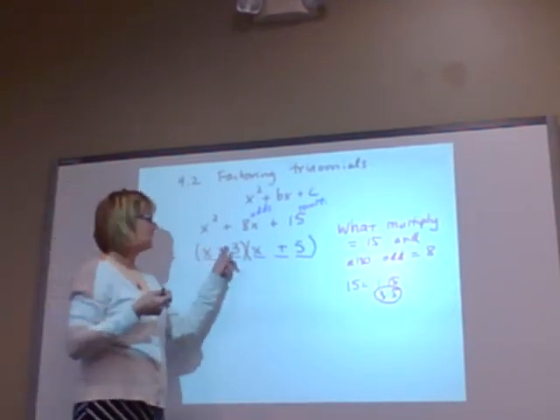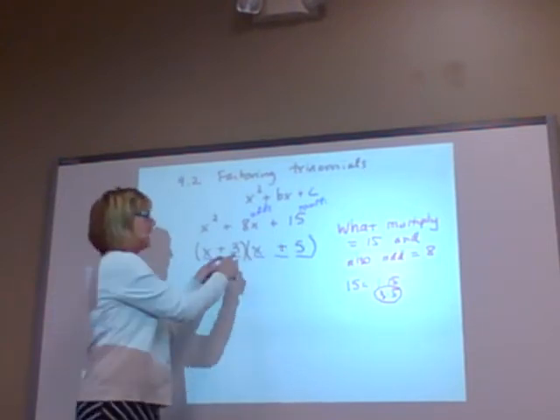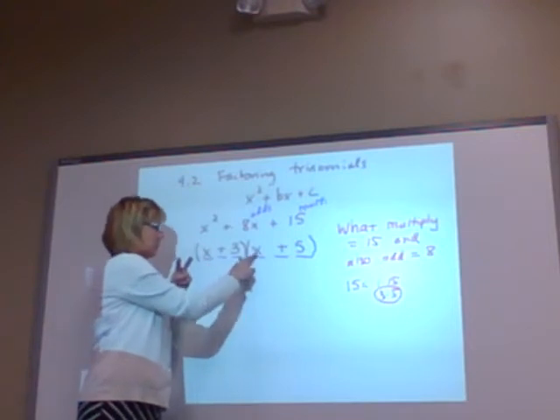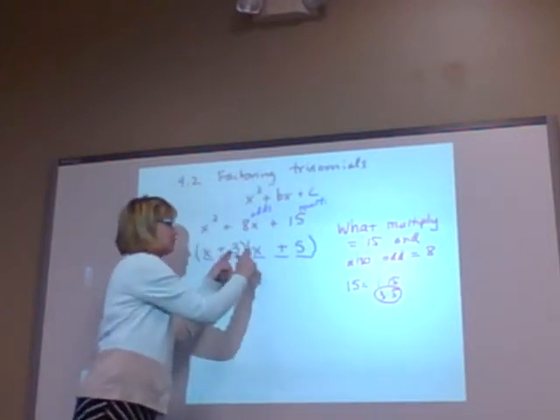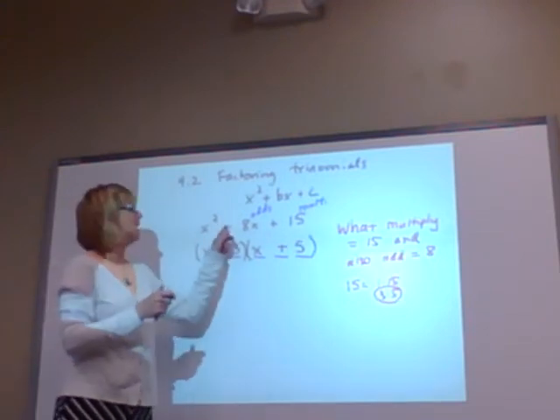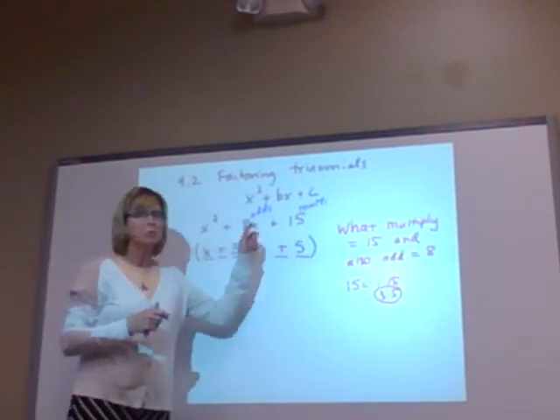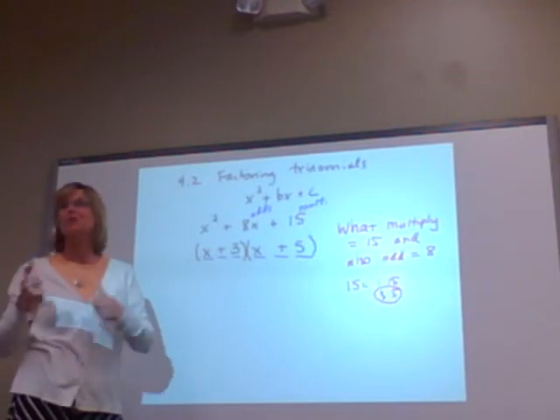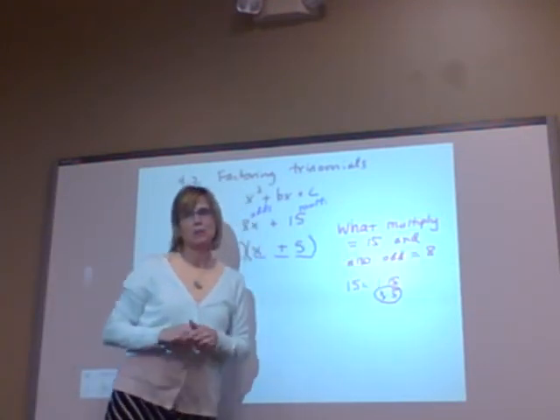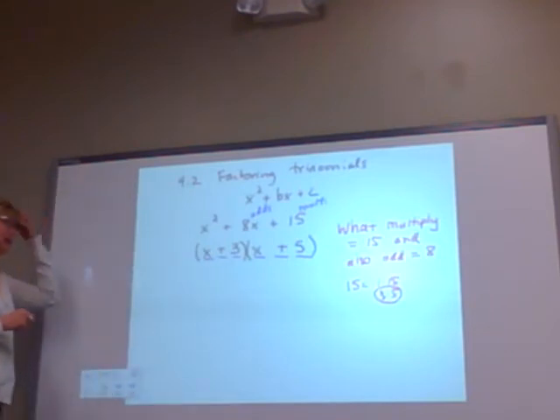But if it was negative times negative, then when I added the inside and the outside, I'd have negative 3x and negative 5x, and negative plus negative would have made this a negative 8. But because it adds to a positive and multiplies to a positive, it has to be 2 positives. So the answer is x plus 3 times x plus 5.